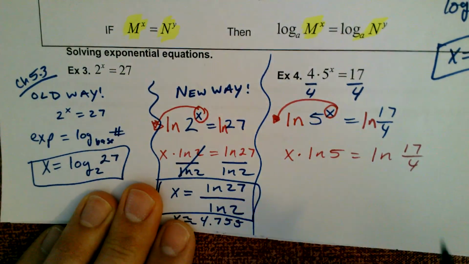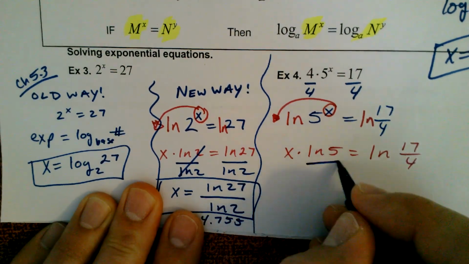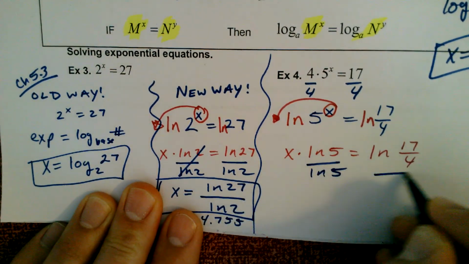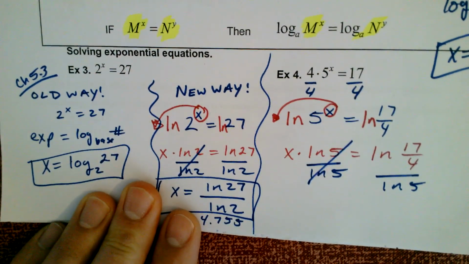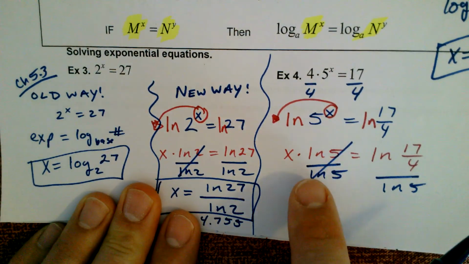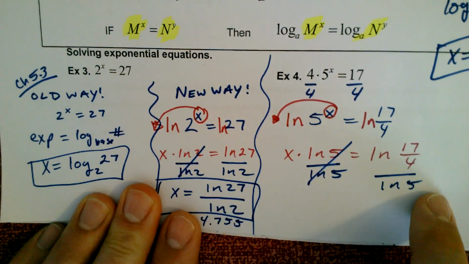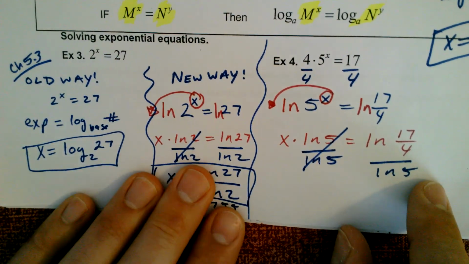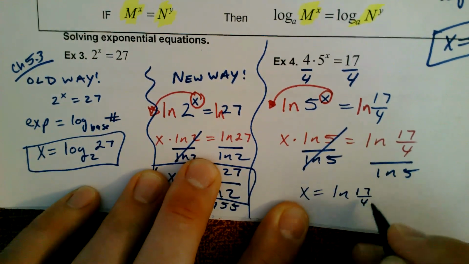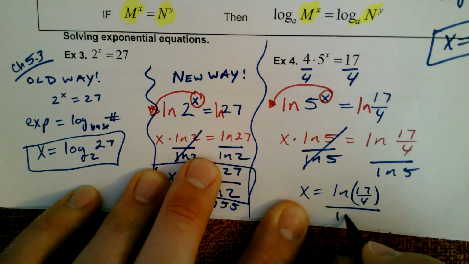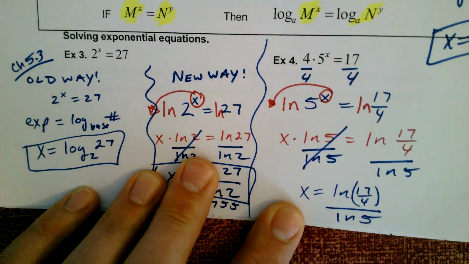And then the last step, divide this natural log of 5 over. Natural log of 5, guys, is some decimal. I don't know what it is. But whatever it is, I'm going to want it over there. So I divide it over. So final answer, I get the natural log of 17/4 and then divided by the natural log of 5.